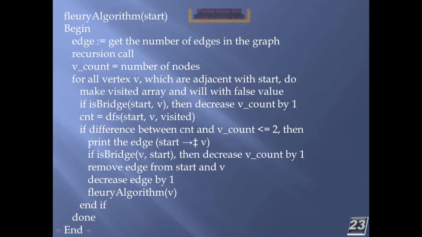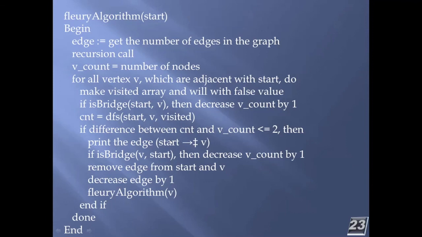Then I store the count of nodes in the cnt variable by the DFS function, which I have already described before. After this, if the difference between the count and the vertex count is less than or equal to 2, then I'll print the edge and traverse those edges.